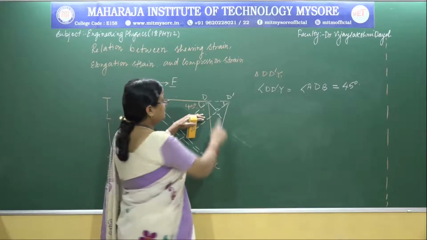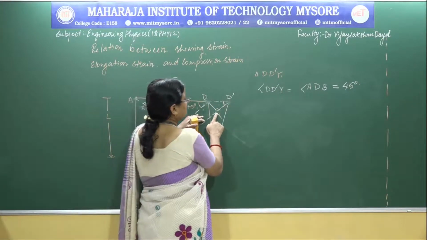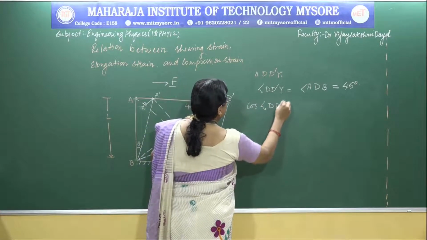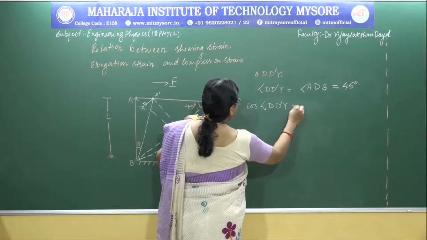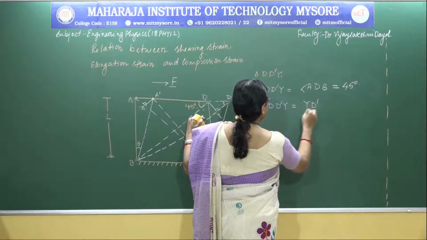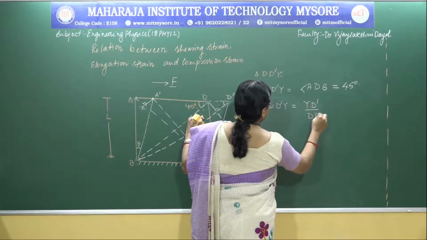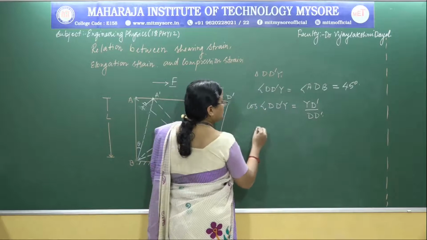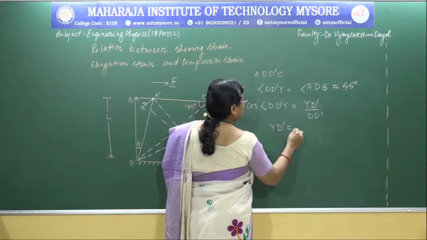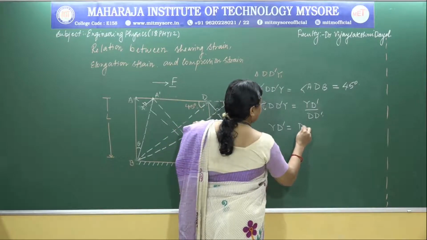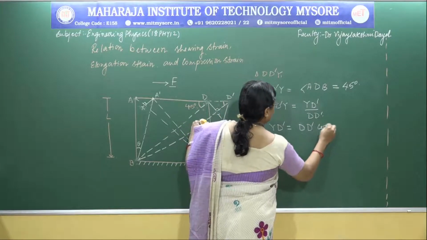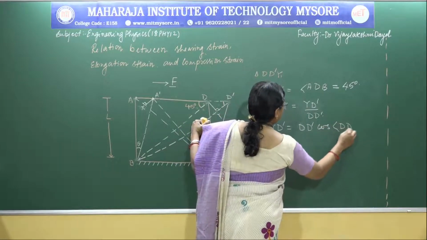So, in triangle DD dash Y, we can write cos of angle D dash is equal to YD dash divided by DD dash. Therefore YD dash will be equal to DD dash cos of angle D dash.